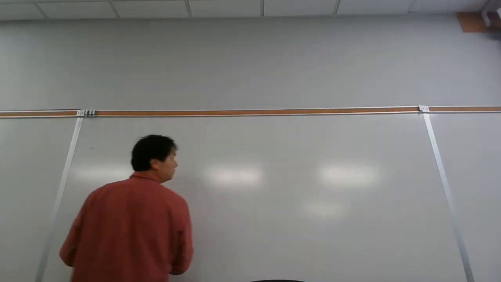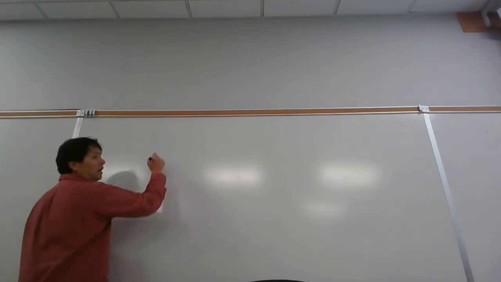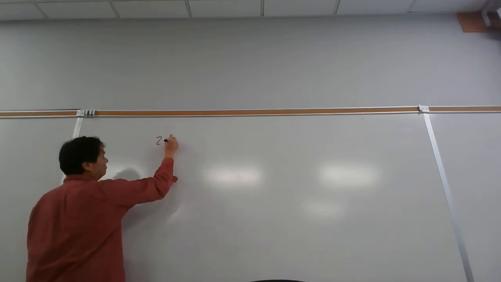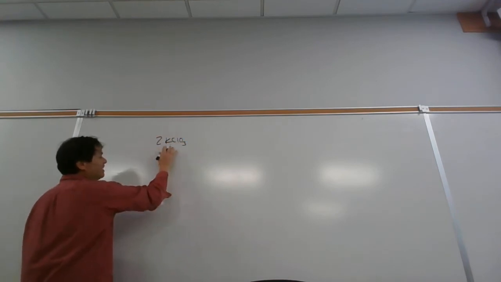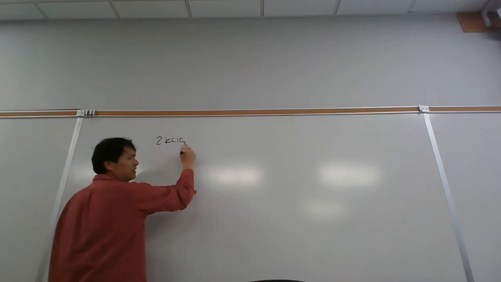76. How much energy is required to decompose 1.42 grams of KClO3 according to the following equation? 2 KClO3 solid yields 2 KCl plus 3 O2. All right. What is the name of KClO3?